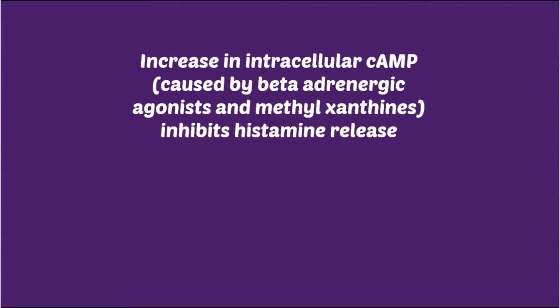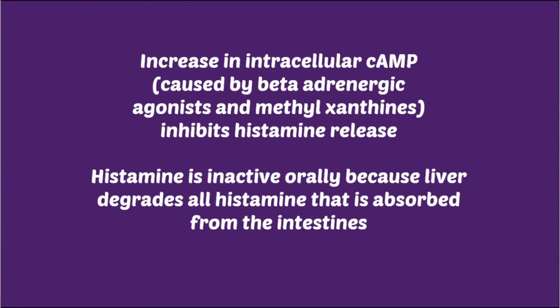Now this increased cyclic AMP will inhibit protein kinase C in the cell. This inhibition of protein kinase C will lead to inhibition of release of histamine granules from the mast cell. Histamine is inactive orally because the liver degrades all histamine that is absorbed from the intestine.